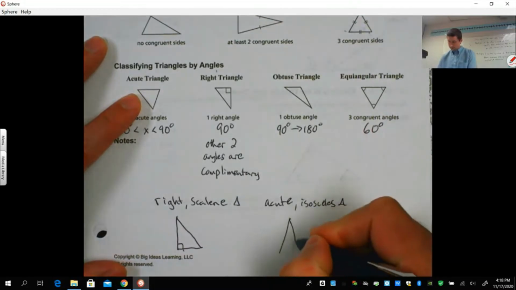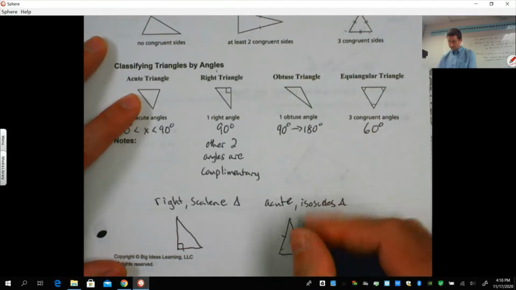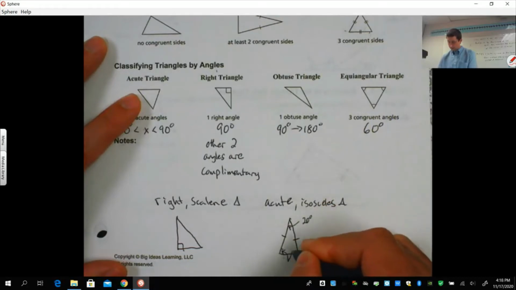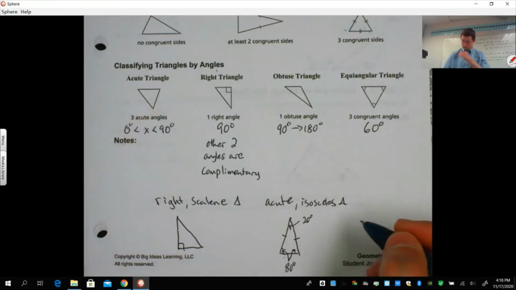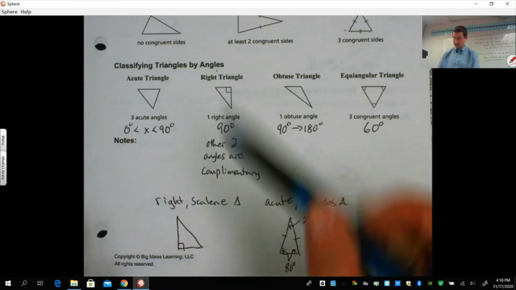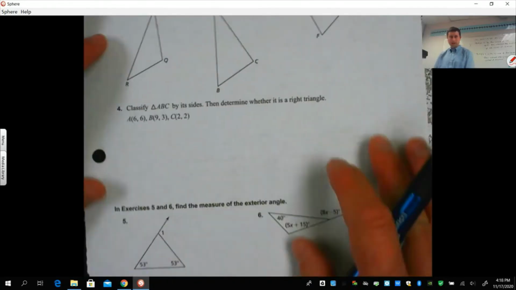So that means you just need three acute angles, two congruent sides, and you could say this one is 20 degrees, and that makes both of these 80 degrees. So all three of them would be acute. All three of them would be smaller. Okay, so classifying triangles by angles and sides, you put an angle word followed by a side word there.